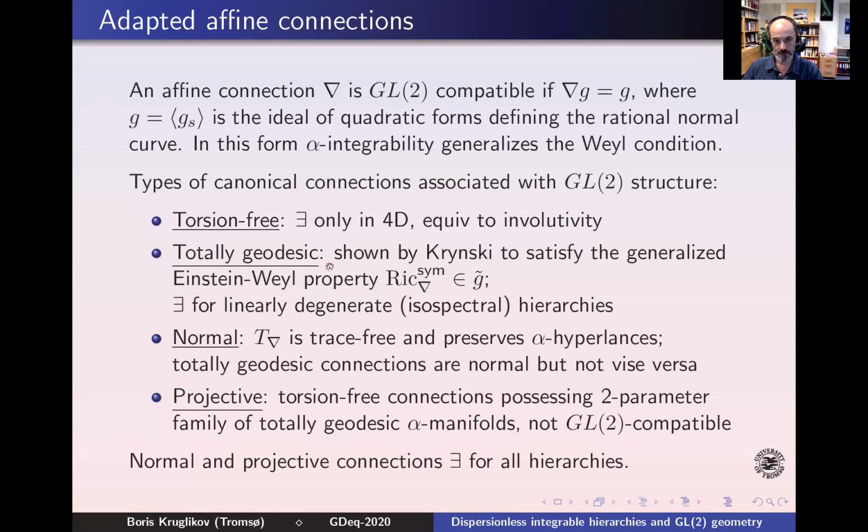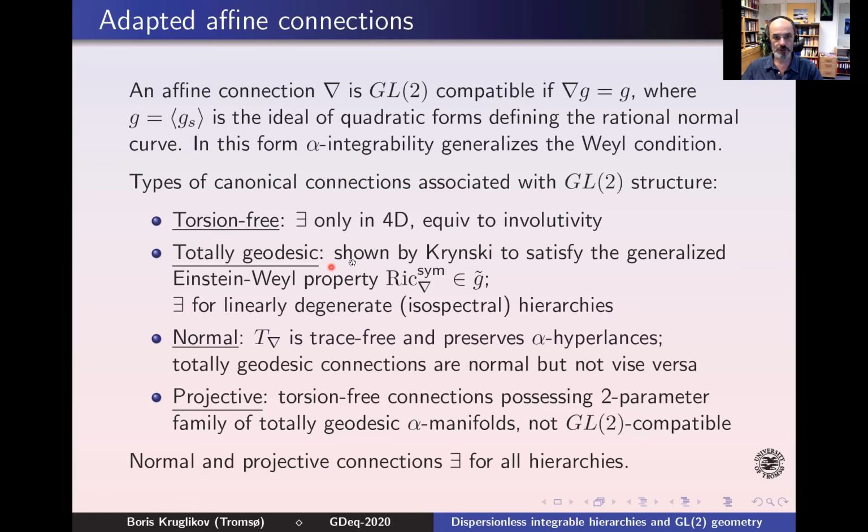Then the next interesting class is totally geodesic connections. Those are connections that possess a 2-parametric family of alpha manifolds, as for involutivity, but which additionally are totally geodesic with respect to the GL2 connection.